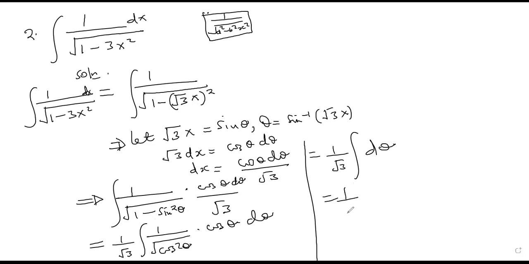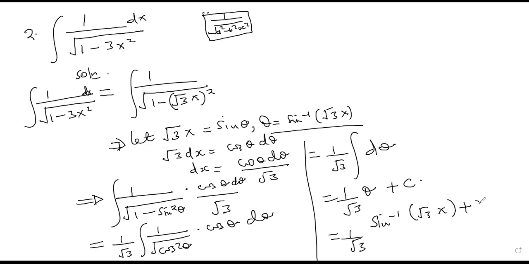So this is 1 over root 3. When you integrate d theta, you get theta plus a constant of integration. Theta is the same as sine inverse of root 3x, so we shall say sine inverse of root 3x plus a constant of integration.